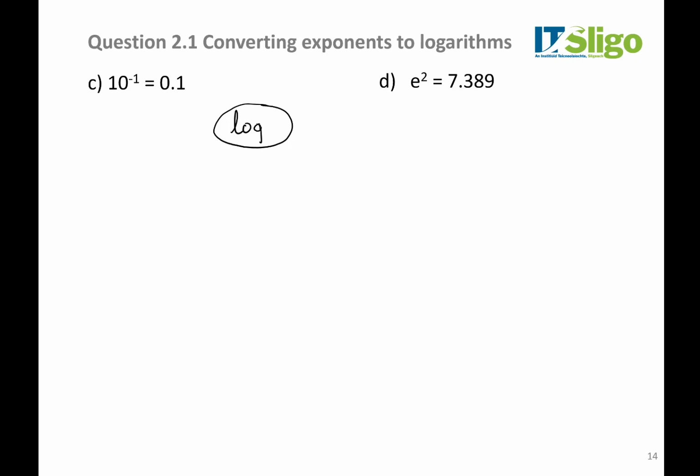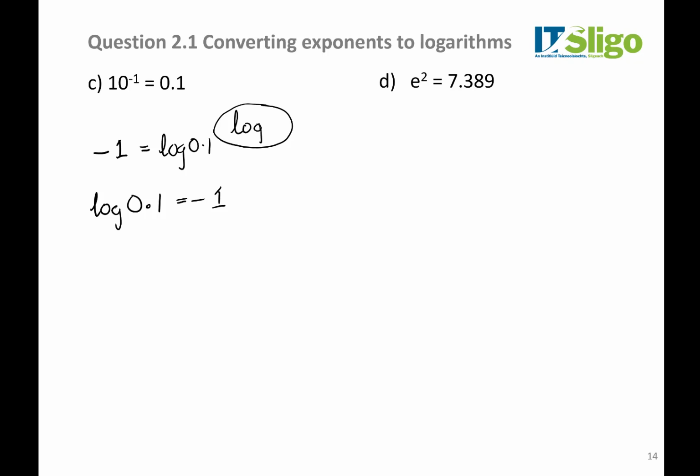So when I apply log to the left hand side, that kills the base. And now I get the log of the right hand side, finally then write my log on the left. So the log of 0.1 is minus 1. This is an essential skill, guys, so you just got to get used to this idea, because the first 3-4 weeks of this semester we're just going to be dealing with logs and exponents.